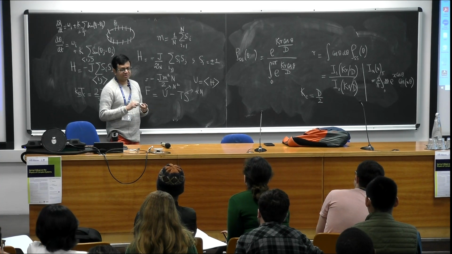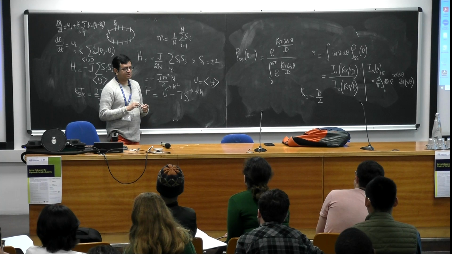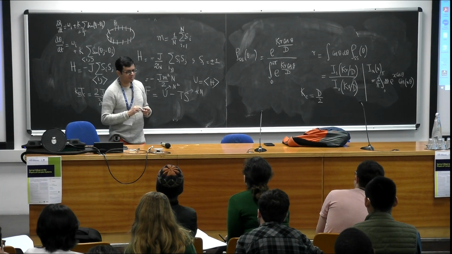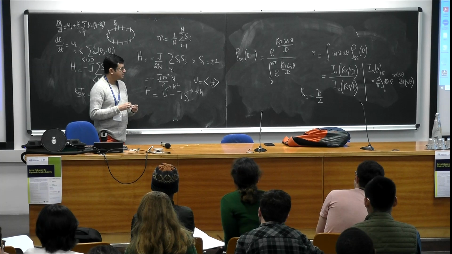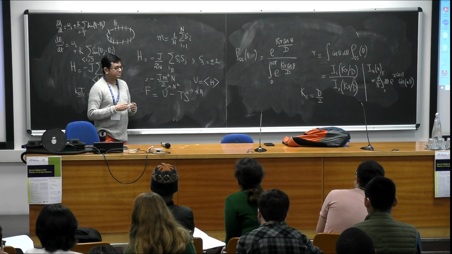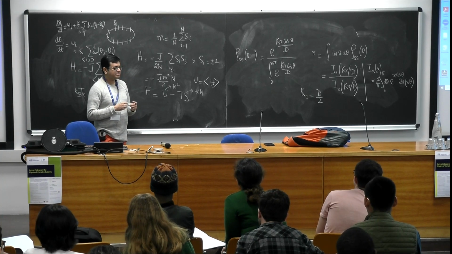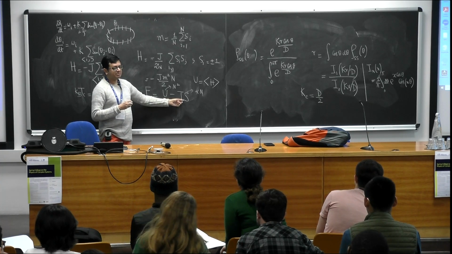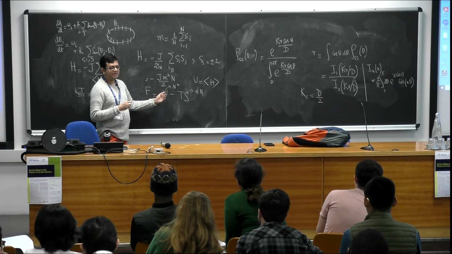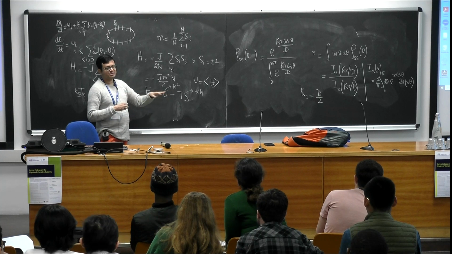Why is it so? Any guess? Just from basic thermodynamics. I mean, you don't need Kuramoto model. You see, when the entropy term is subdominant, then you just minimize the energy. That means you just look at the ground state of the system.